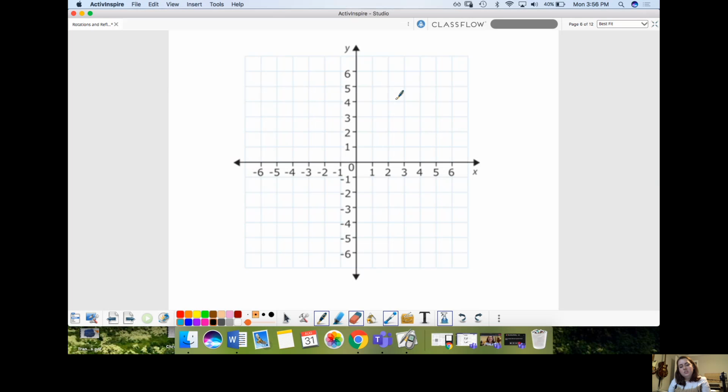So let's think about just a point right here. If we're going clockwise, there's 3 different rotations that we can do. We can move to this quadrant down here. If we move one quadrant, we're going 90 degrees.